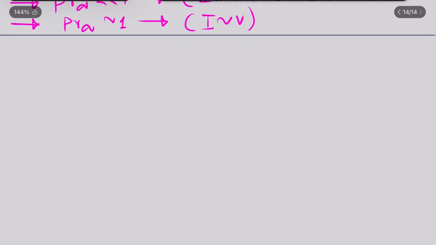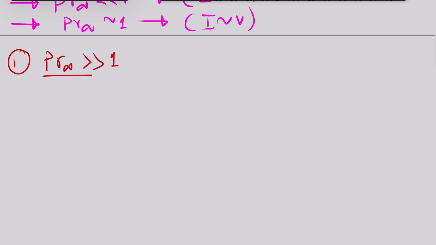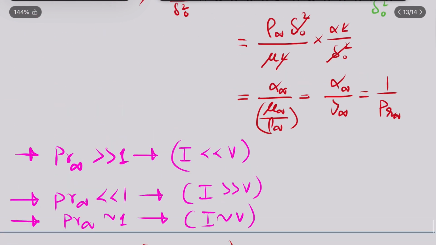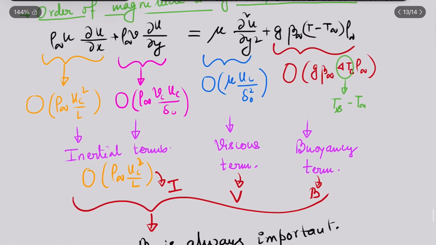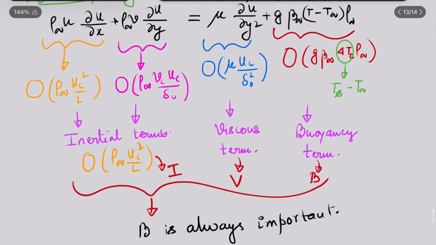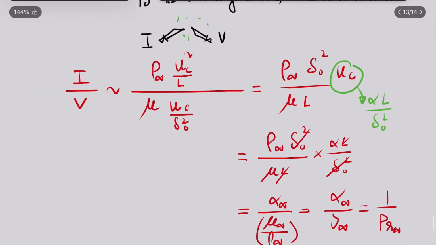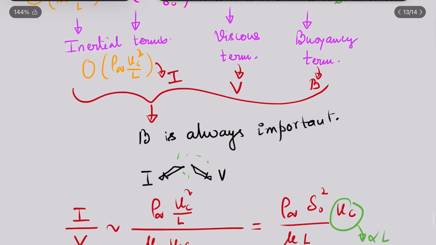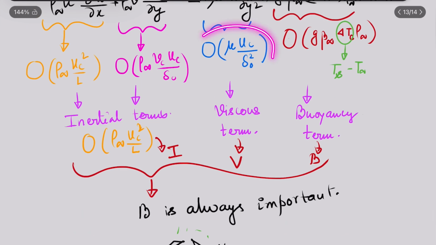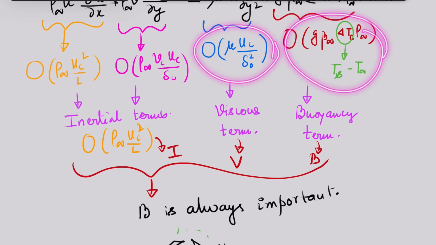So the first case, case 1, is Prandtl number much greater than 1, and that means we will neglect the inertia. Clear? Now I have already told that we cannot neglect the buoyancy term, otherwise there is no question of natural convection. So here we will neglect the inertia term because Prandtl number is much greater than 1, and that means this viscous term will compete with this buoyancy term.